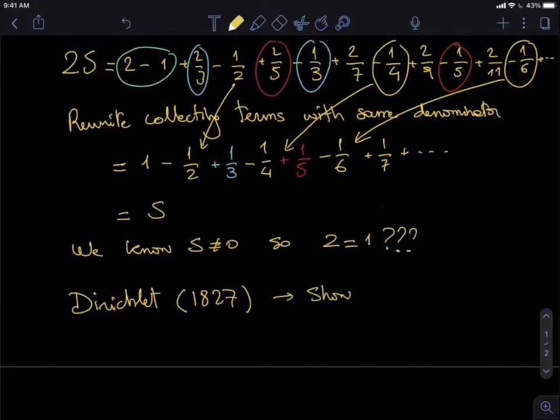What he was able to show is that if the series is absolutely convergent, we can rearrange the terms in whichever way we want. The sum will not change.